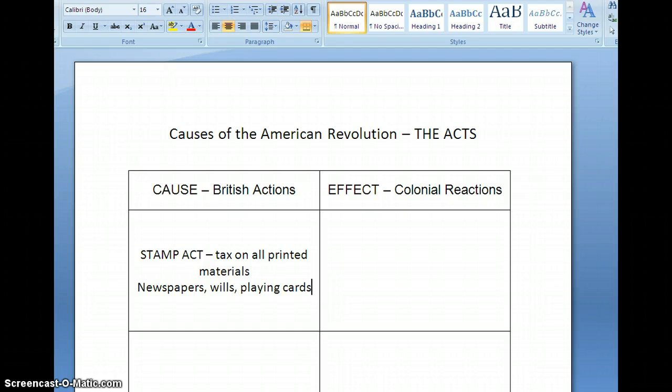A will is a legal document that you have. You write that before you die, and it says that all of your stuff that you have, depending on who you say in the will it goes to, it legally has to go to those people. So, like, if I unfortunately died, my wife would get all of my stuff, everything that I have, because that's what's in my will.